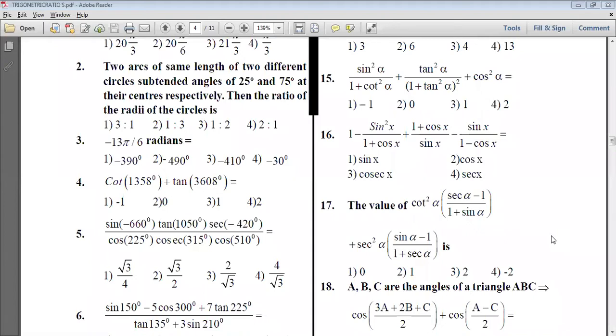We have to do the simplification. Option third, 2 by root 3. Good.